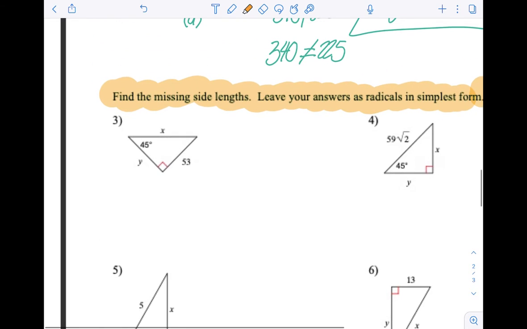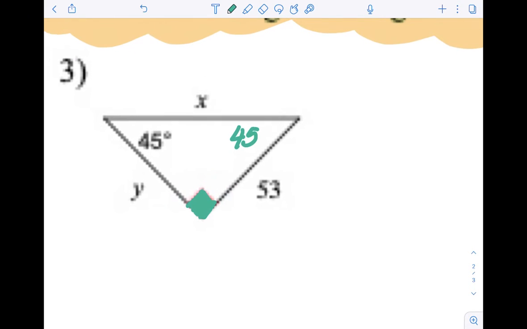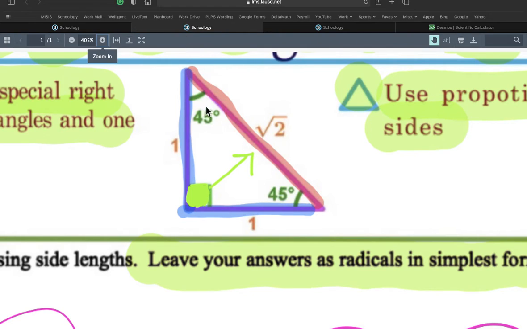Okay, so number 3 here, I automatically notice this is a 45, 45, 90 triangle. So I'm going to go back and find my notes on 45, 45, 90, and here they are. I know that my hypotenuse is going to be in red.